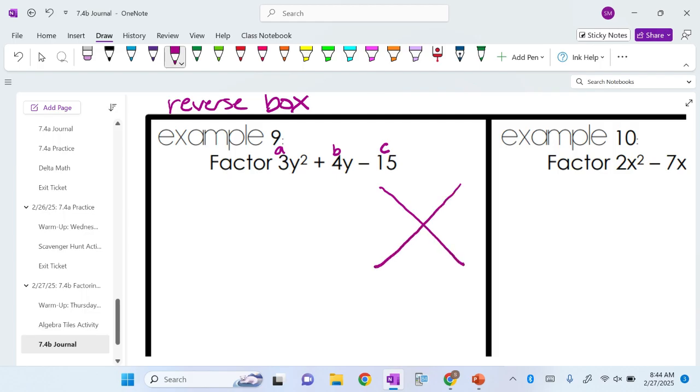This will give us our two factors. Again, we have A times C at the top and B at the bottom. And we're looking for two terms that multiply to give us this number, but add to give us this number.